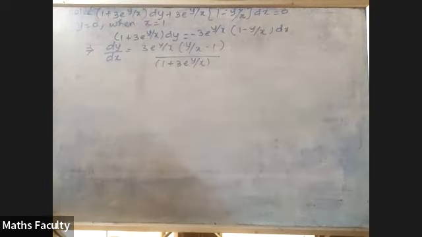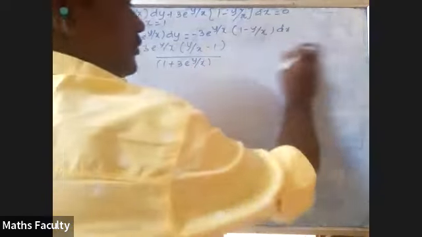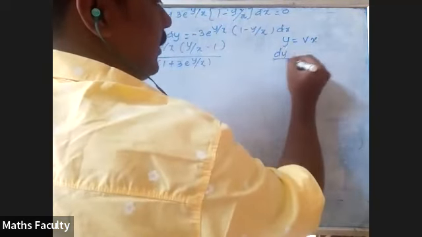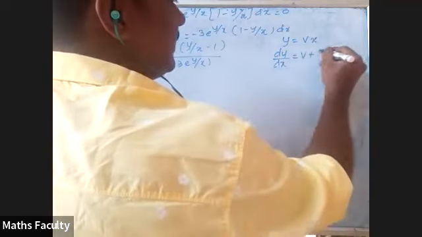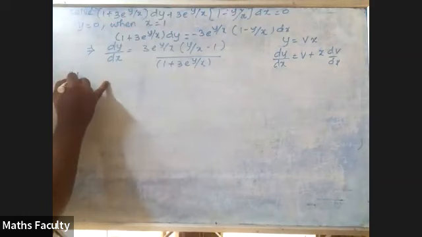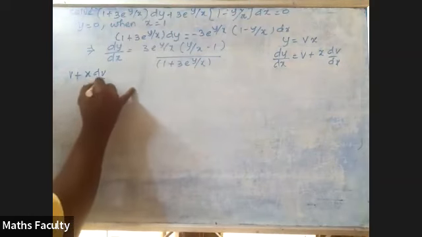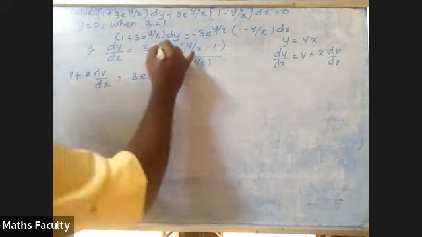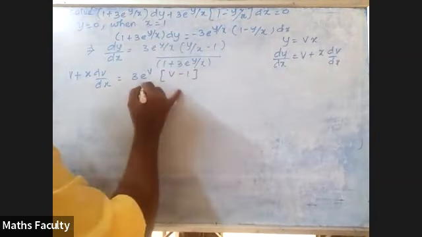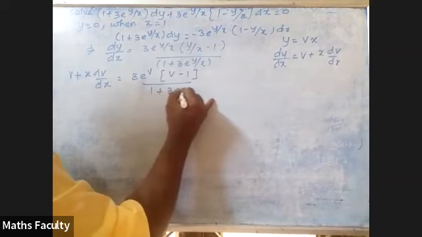Now, again, as the usual working rule, first step: y equals vx, dy by dx equals v plus x dv by dx. Now I can write this as v plus x dv by dx equals 3 e power v into v minus 1 divided by 1 plus 3 e power v.